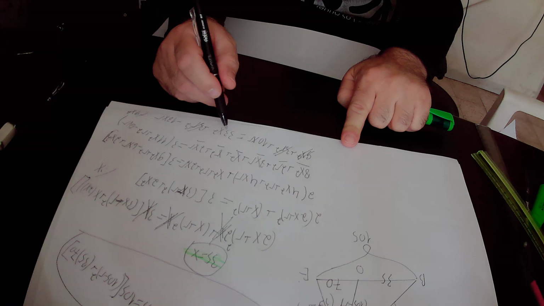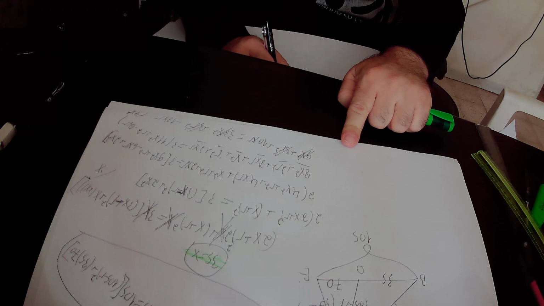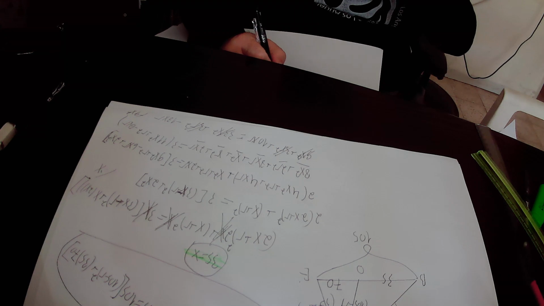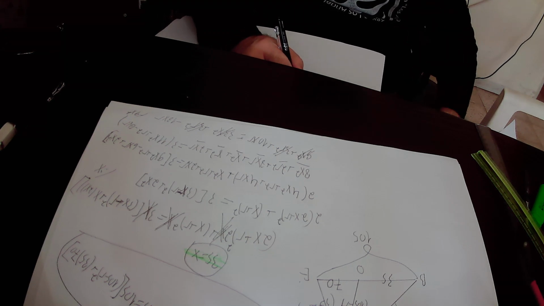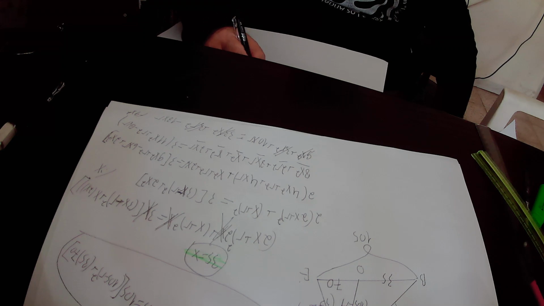And 33x squared minus 9x squared is 24x squared. So 10xr equals 24x squared minus 18xr.